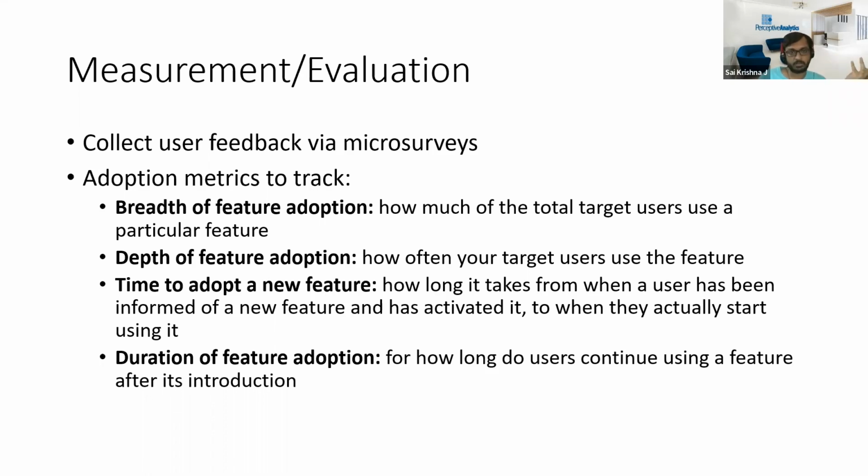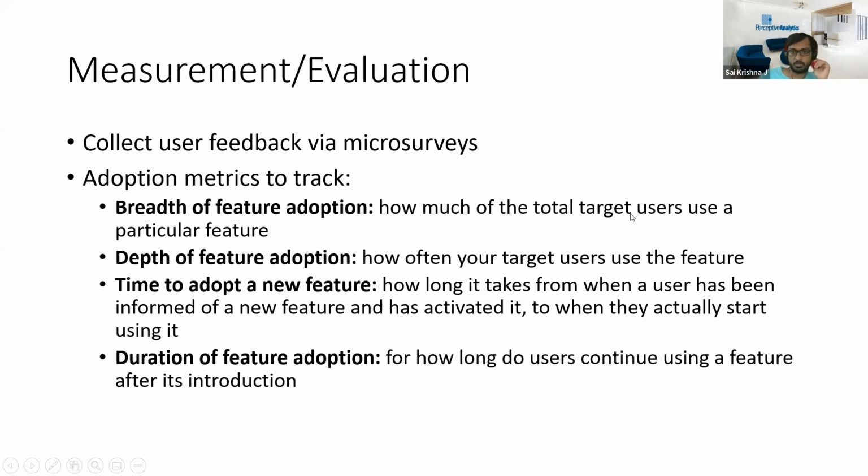So this is one example of a micro survey, or it could be a series of very short questions, nothing requiring long explanations from the user, but everything the user can select, based on the options that are given. So these are what we call micro surveys, and you can collect user feedback via these micro surveys.